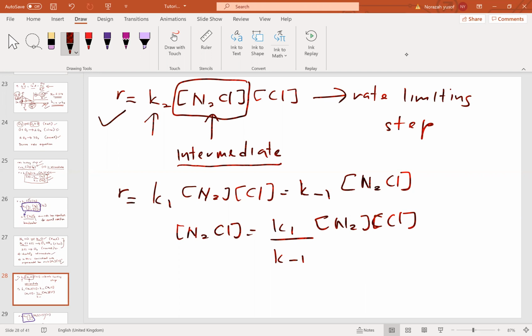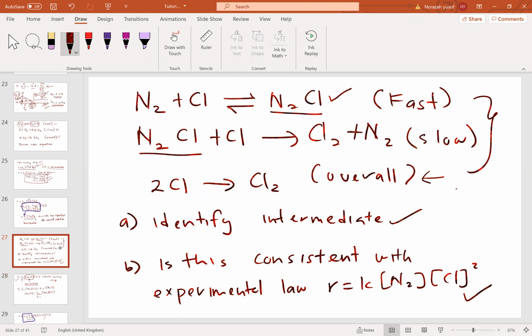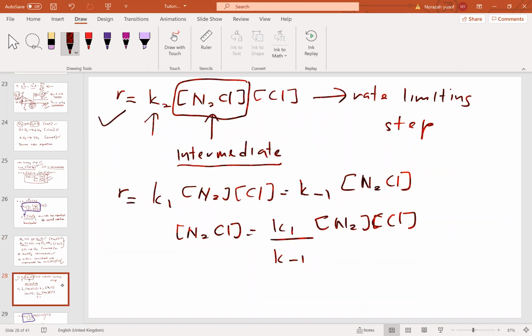We use the same steps. Remember that the fast reaction is reversible. So we can write it this way: the forward reaction K1 times the reactants is equivalent to the backward or reverse reaction K minus 1 times N2Cl.